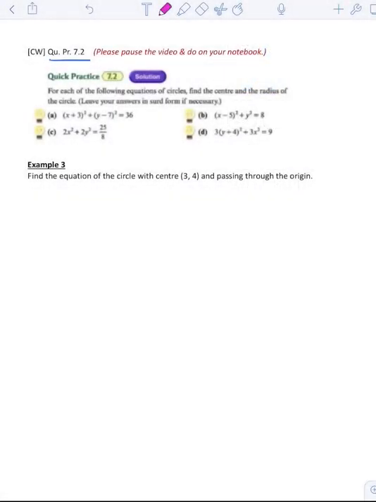Let's try another example. Here you have to find the equation of the circle with center (3, 4) and passing through the origin. In this case, we already have the center, so what we need to find is the radius. Because we know the circle has center (3, 4) and passes through the origin, the radius is the distance between (3, 4) and the origin.